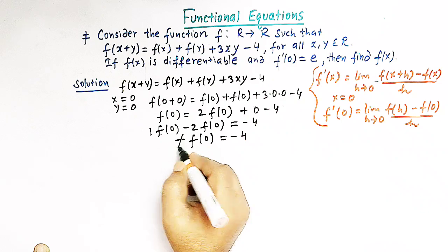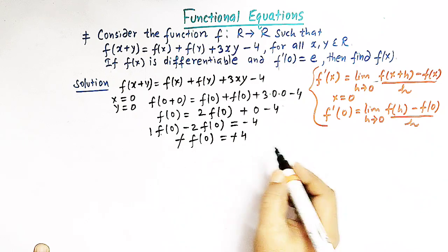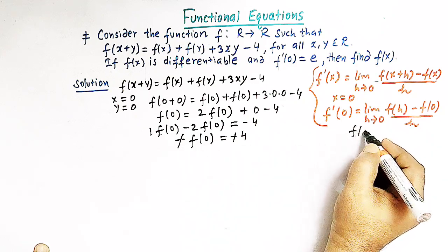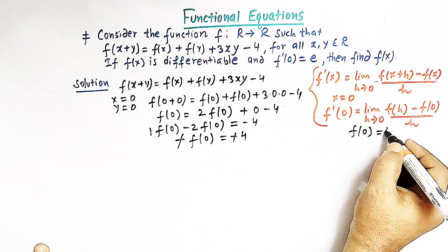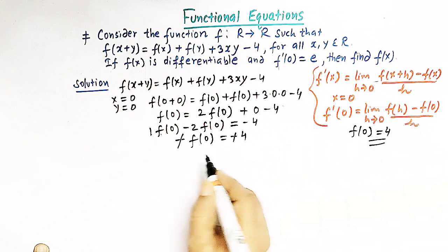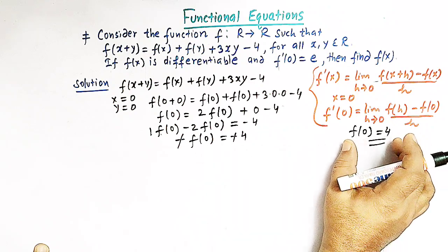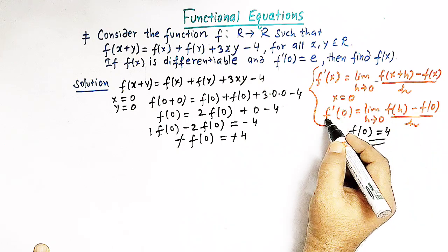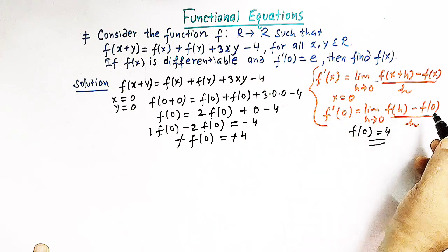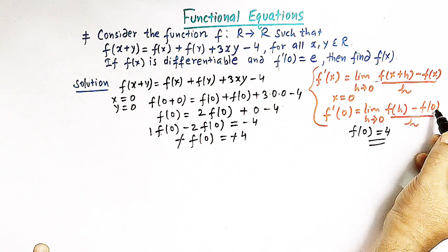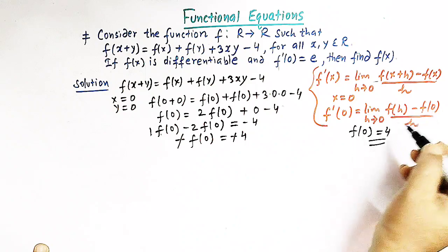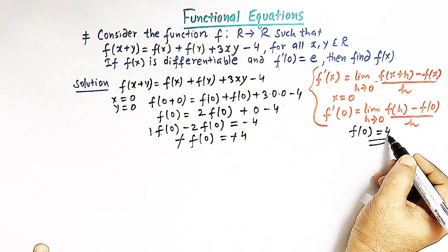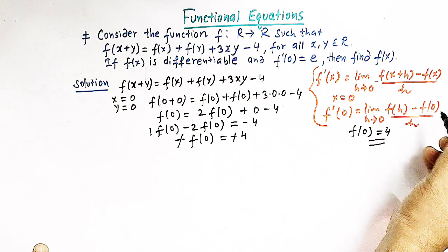So minus and minus get cancelled, and we have now f of 0 equal to 4. We'll utilize this value when we find f prime of 0, because there we have f of 0, so we'll substitute f of 0 equal to 4 over there.